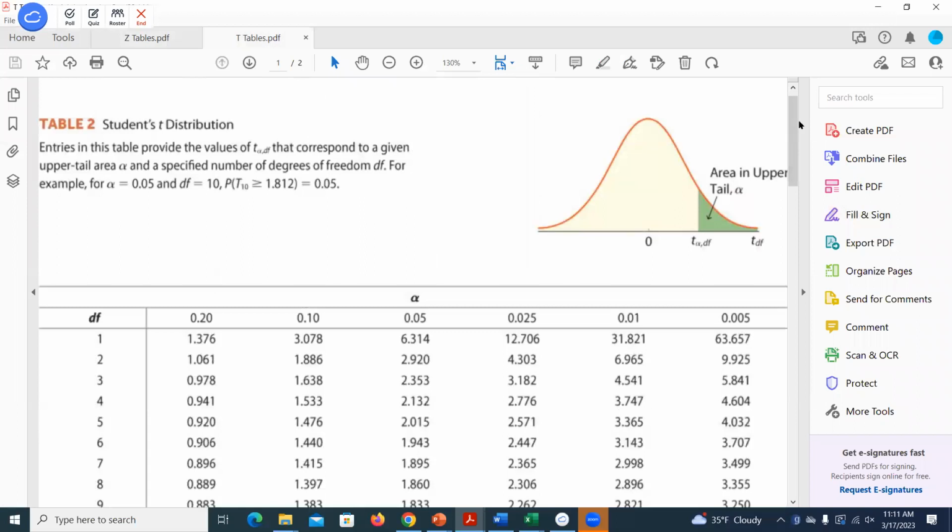First I'll talk about how it's a little bit different from my standard normal, and then I'll talk about how it's similar. The difference is that it no longer looks at the left side of the distribution, it's actually looking at the area in the upper right tail. That shouldn't matter for us.